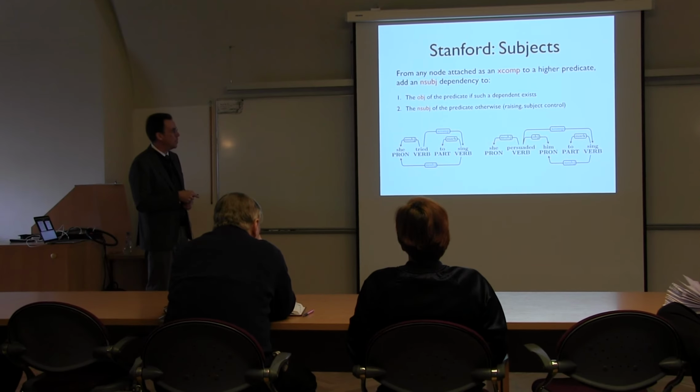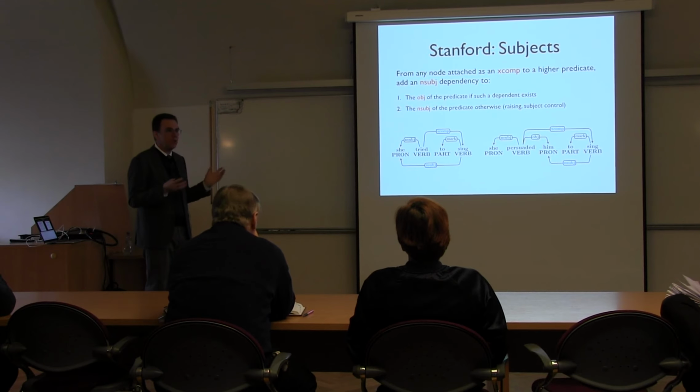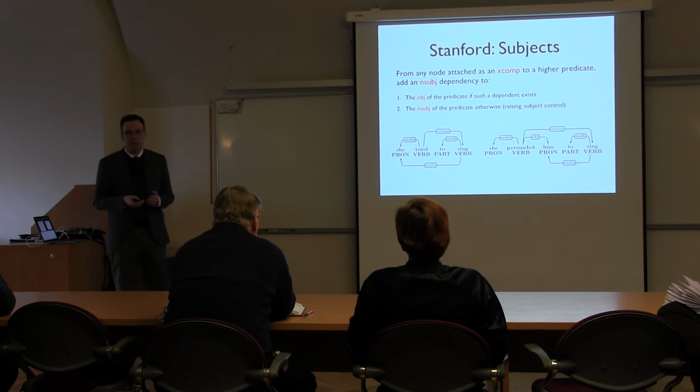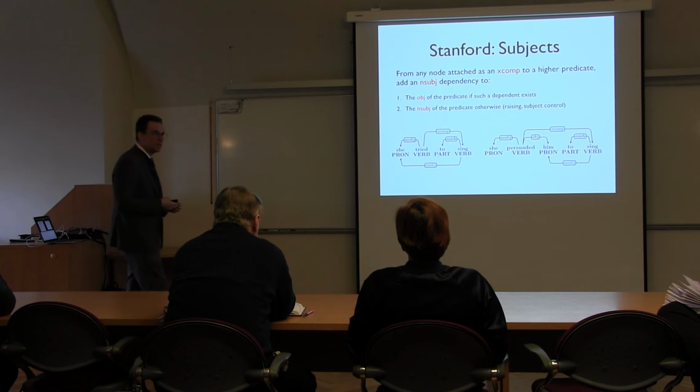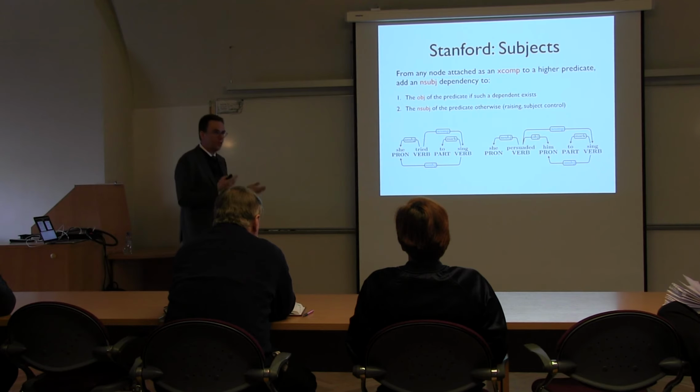If there is no object in the higher clause, then you just link it to the subject. So this is a very simple heuristic, but it turns out to be very powerful, at least in many languages. There are obvious and known counterexamples to this, like she promised him to sing, where promise is subject control, even though it takes an object. But such things appear to be quite rare.